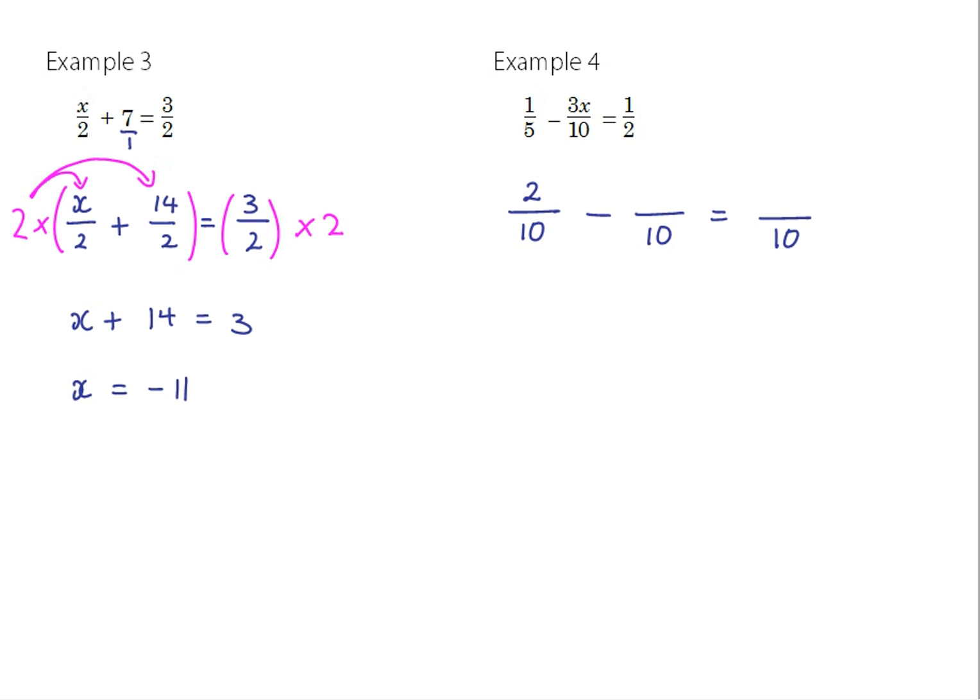In the second term of the left-hand side, we haven't changed the denominator at all, so the numerator remains the same. And on the right-hand side, we've multiplied the denominator by 5, so we do the same to the numerator. Now multiplying everything in this equation by 10, 2 minus 3x is equal to 5. So we can subtract 2 from both sides and divide both sides by negative 3.